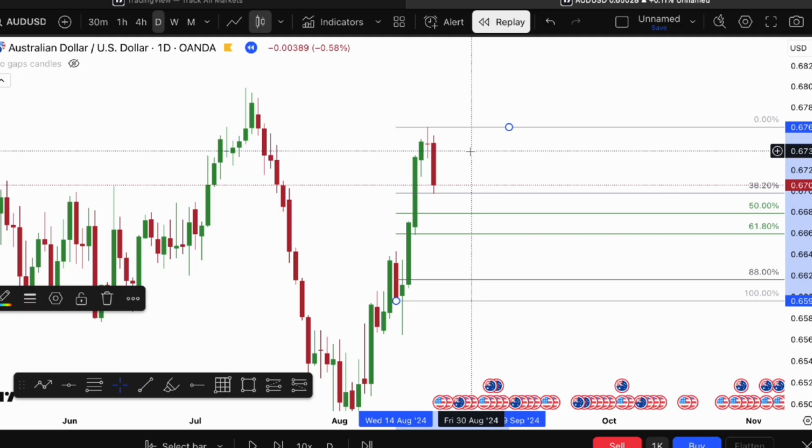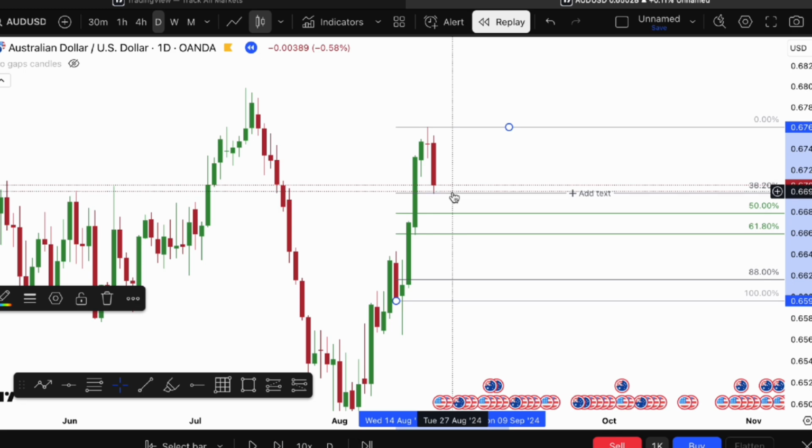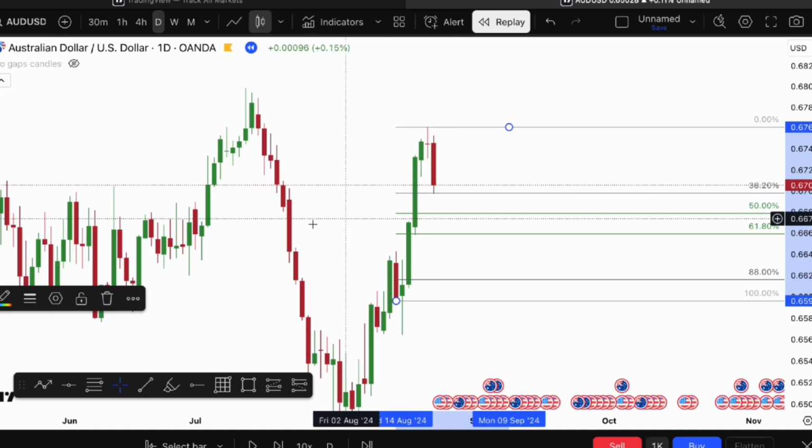This is not a rule, but a great retracement is going to come back at least to the 38 level on the fib. So you can see our retracement has hit this 38 level. Again, it is not a rule, but a great retracement will likely retrace to at least the 38 level.